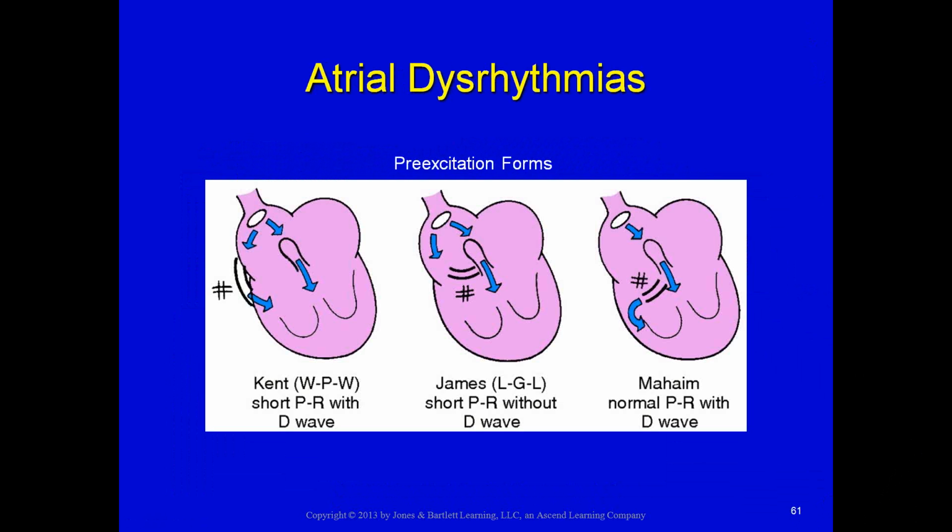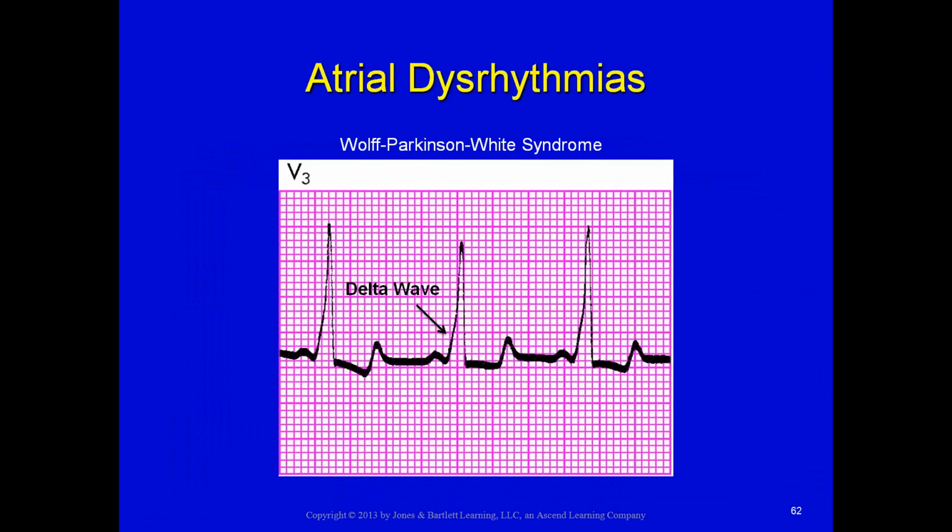And then Mahaim, you'll have a normal PR interval with a delta wave. So there's a delta wave, and here's an example of WPW, or Wolff-Parkinson-White.